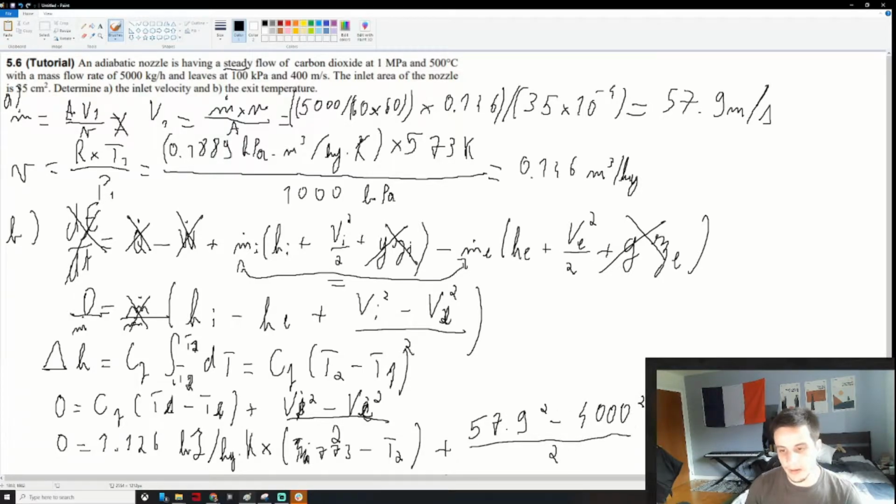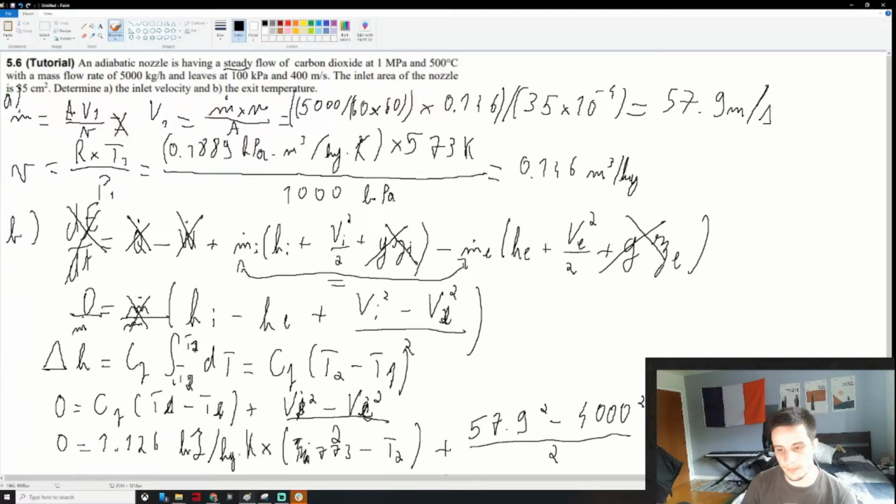divided by 2. One thing to notice is that when you're doing this velocity potential change equation, so Vi squared minus Ve squared divided by 2, to calculate the change in energy, you would get something in joules.